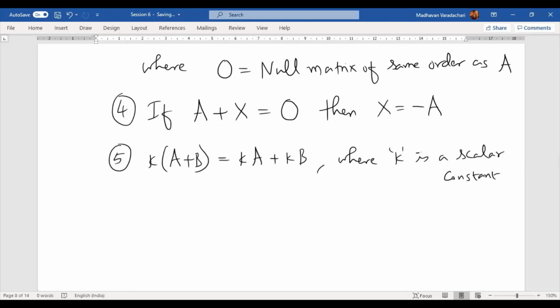It can be any number: 2, -3, or square root of 5. If I add two matrices and then multiply with that scalar constant, it will be the same as individually multiplying the matrices and then adding. One and the same.